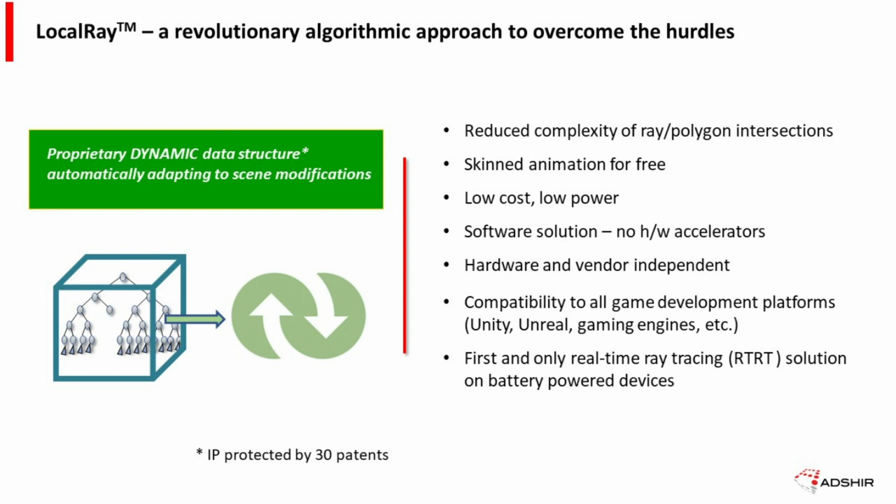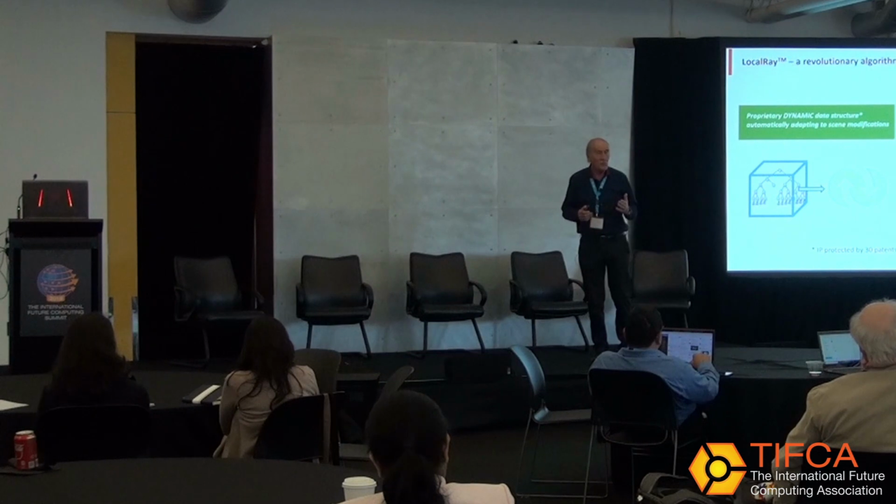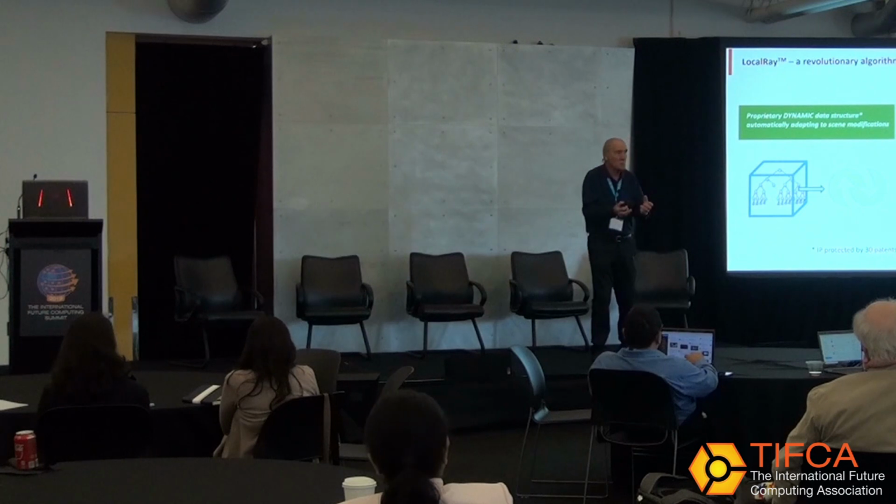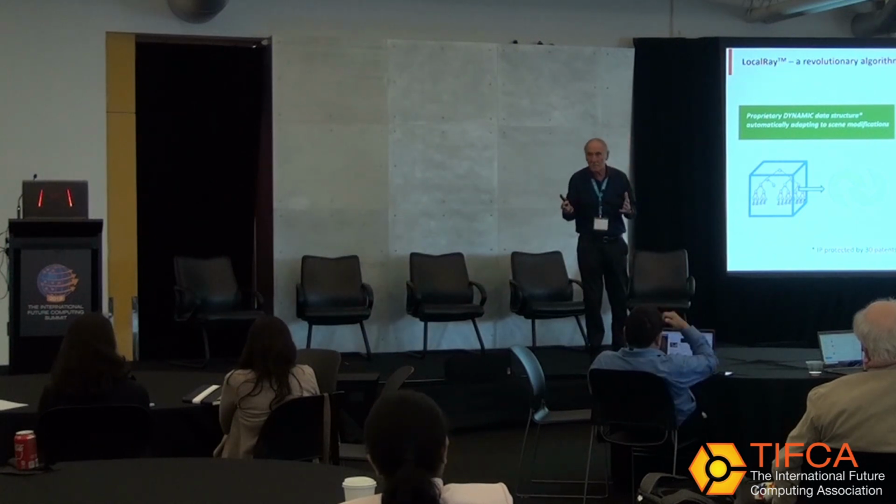Now, the complexity is much less because you don't have these big structures. So this is less complex, which means the price is lower, the performance is higher, the power is lower. We will see it. So we have low cost, low power, and above all, this is a software solution, which means you don't need special purpose accelerating hardware. You can use the GPU as is, off the shelf.